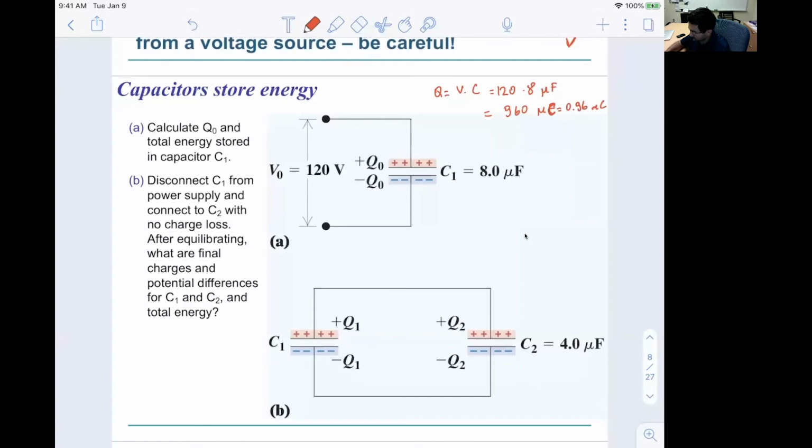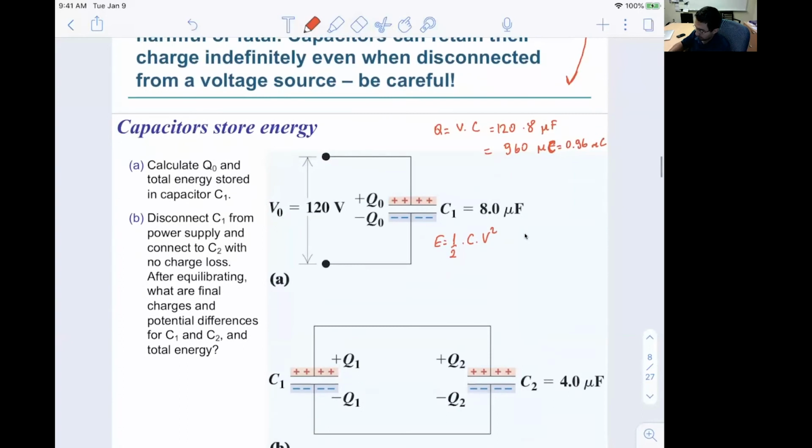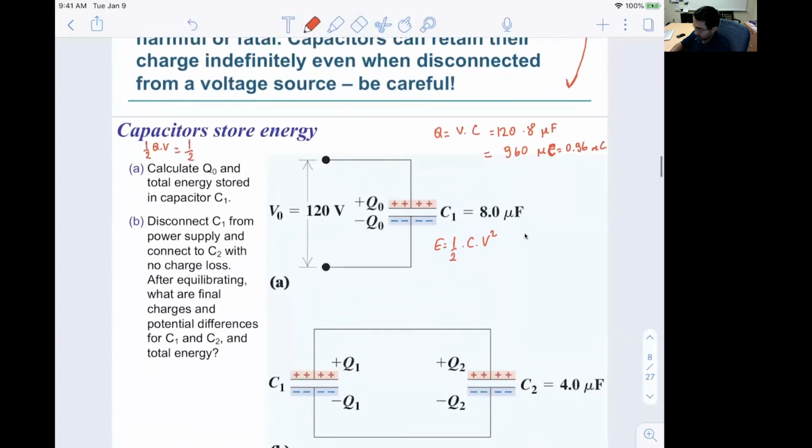And the energy is going to be 1/2 times C times V square. So from the previous pages, you see you can have 3 different versions of the energy, right? 1/2 Q times V, or 1/2 C times V square, or 1/2 Q square divided by C. So depending on what you need or what you have, you can use any of them.